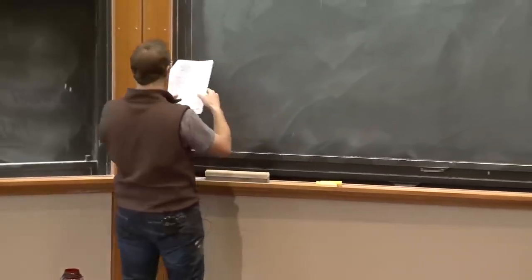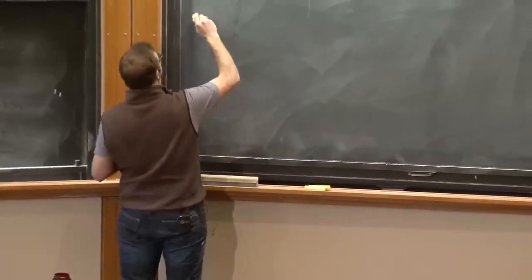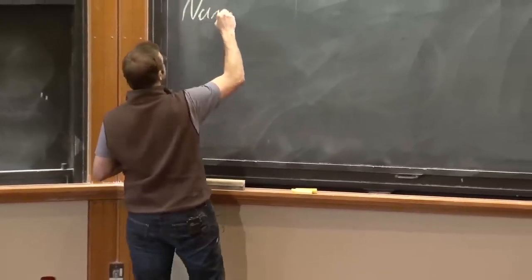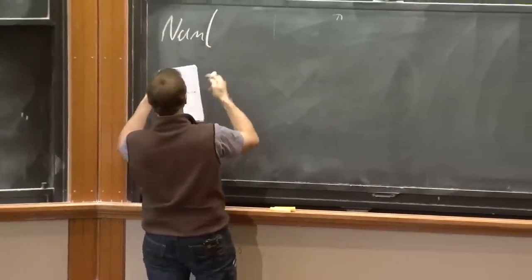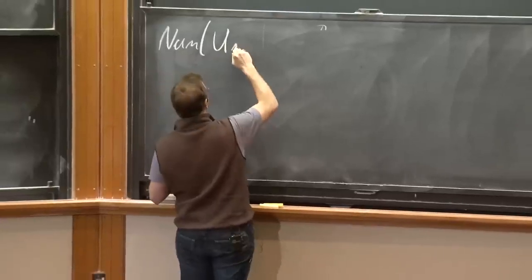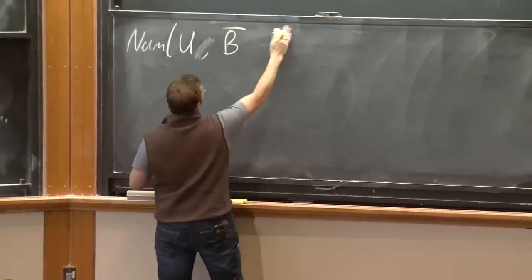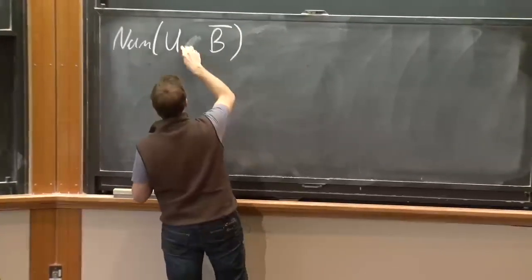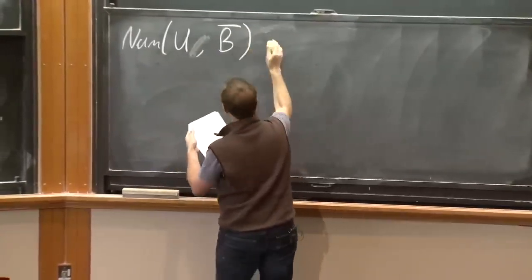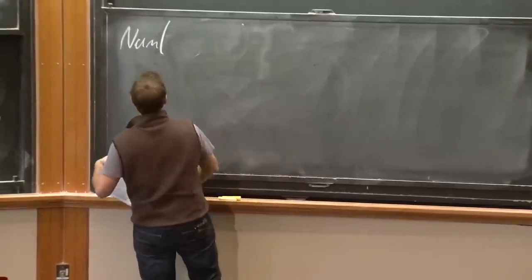I claim that the following inequality is true. The number of people in the room who are undergraduates, which I'll denote as U, and not blonde, which I will denote as B bar. So undergraduates who are not blonde. Actually, let me write this out in English. It's going to be easier.